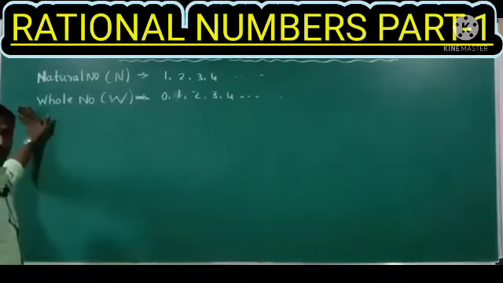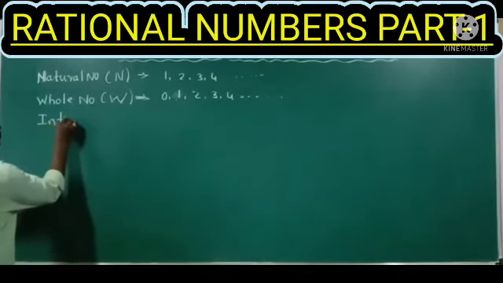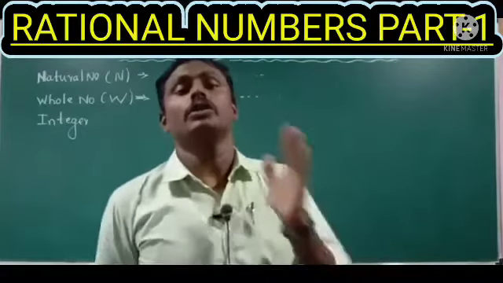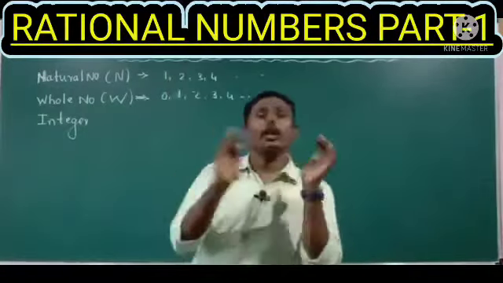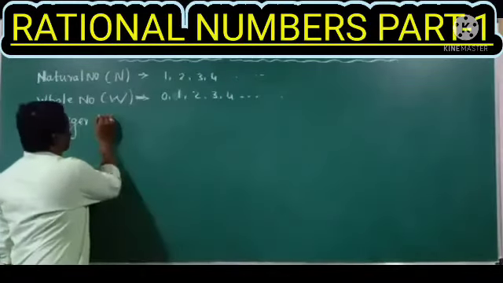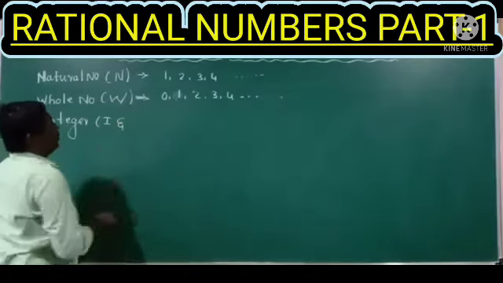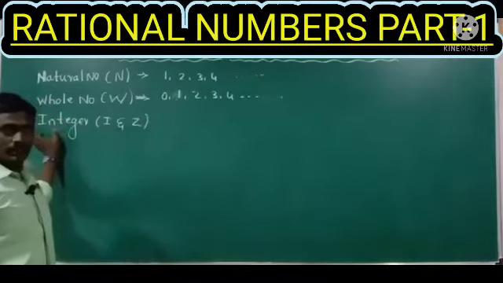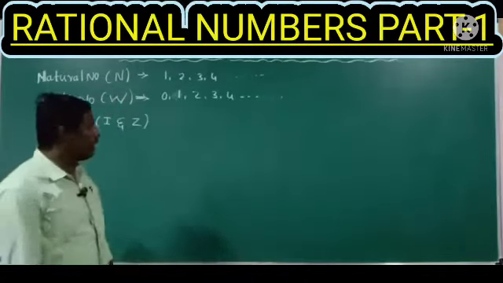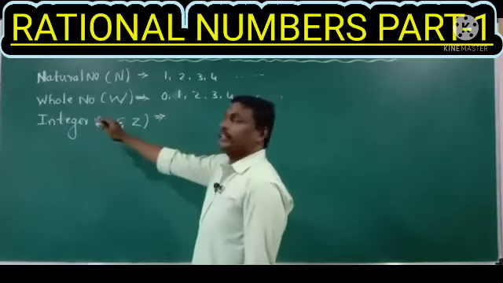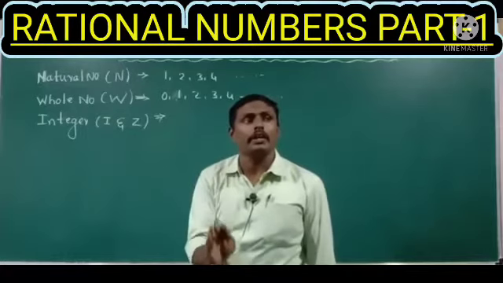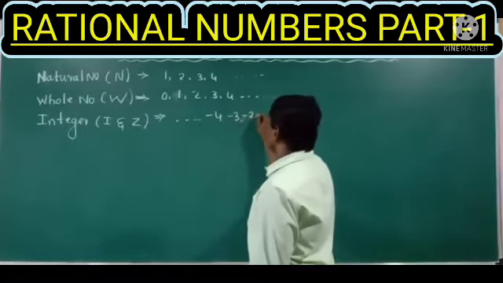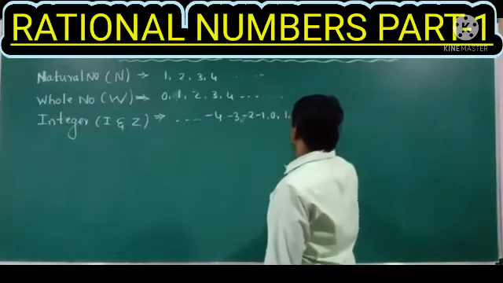Next, move to the next type of number, that is integers. Integers are the numbers which include both positive values and negative values along with 0, and these integers are indicated by the symbol I or Z. So here we are using two different letters to denote the integers: I or Z. So integers include both positive and negative numbers along with zero, meaning -4, -3, -2, -1, 0, 1, 2, 3, 4 and so on.